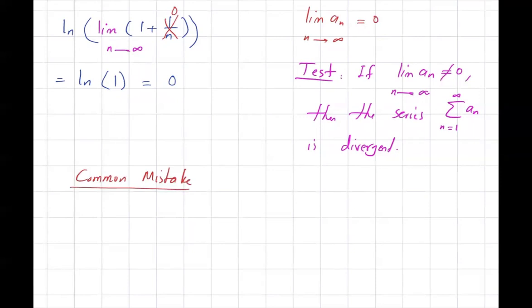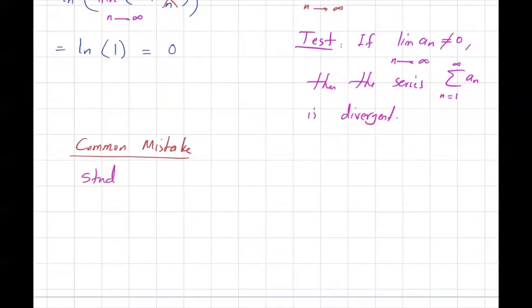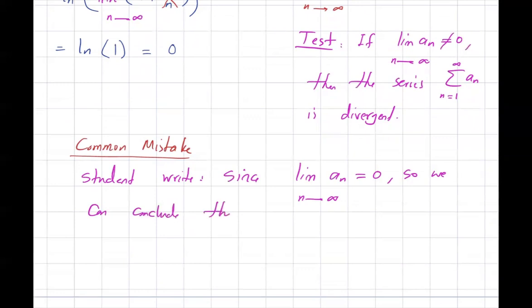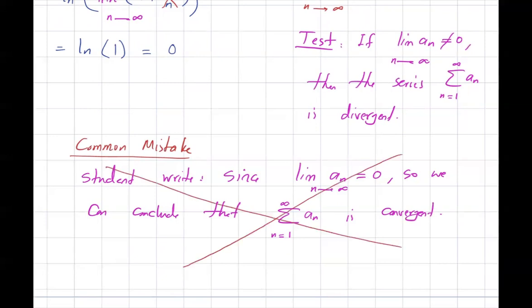Students write, hey, since the limit of the general term as n goes to infinity is equal to 0, so we can conclude that the series of an, n start from 1 goes to infinity, is a convergent series. Guys, this is wrong. It doesn't guarantee that you have a convergent series.